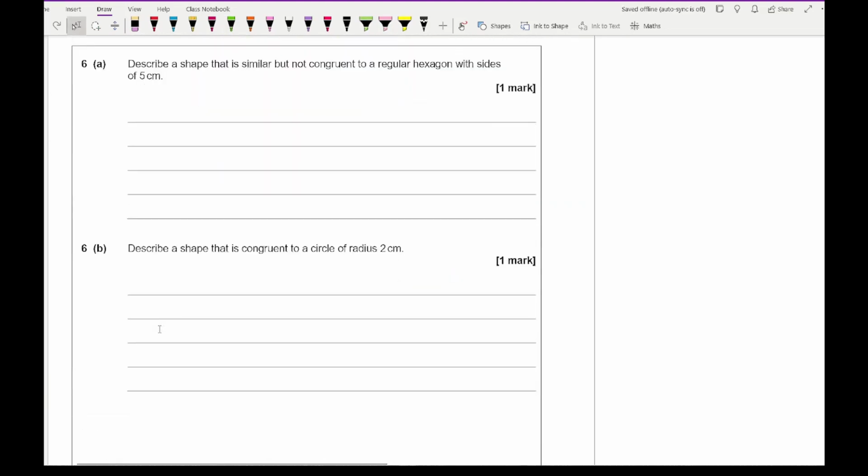Then moving on to question 6a, it says describe a shape that is similar but not congruent to a regular hexagon with sides of 5 centimeters. So for it to be similar, basically it's going to be a regular hexagon with sides of, and you can actually pick any number you want, because if it's a regular hexagon, a similar regular hexagon is going to still be a regular hexagon with all the internal angles being the same and all the side lengths being the same.